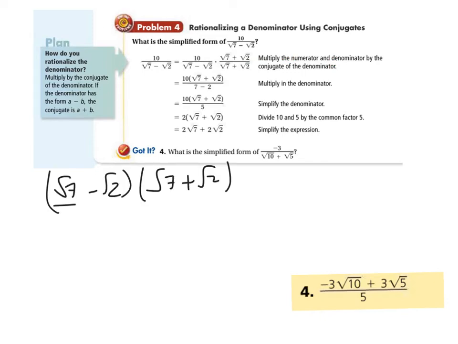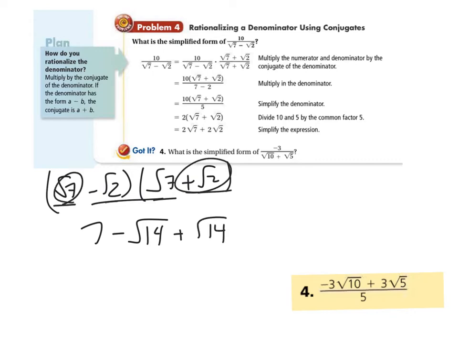The square root of 7 times the square root of 7 just becomes 7. Middle term is going to be negative square root of 14. Outer term is going to be plus square root of 14. And the last term is going to be minus, again, square root of 2 times square root of 2 is 2. Notice these middle terms drop out. So we end up with 7 minus 2 there, which is 5. So that's where this 5 comes from.